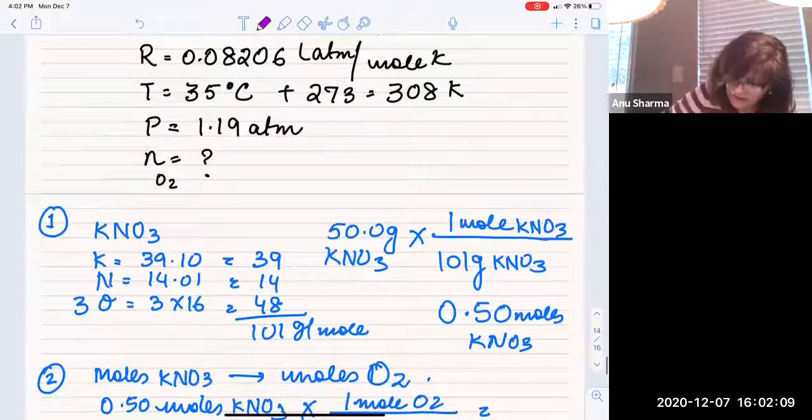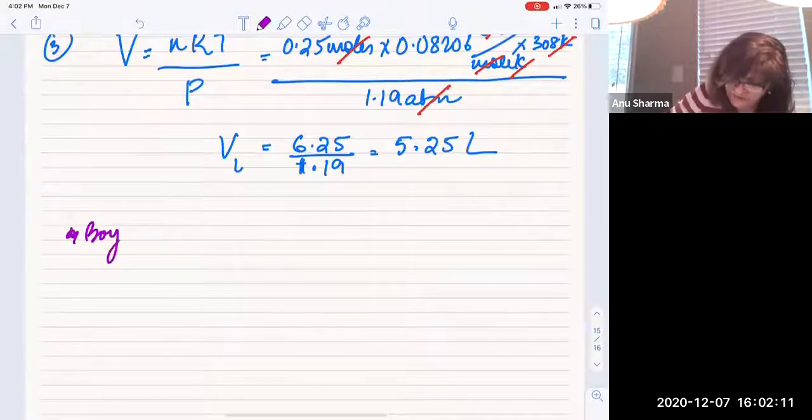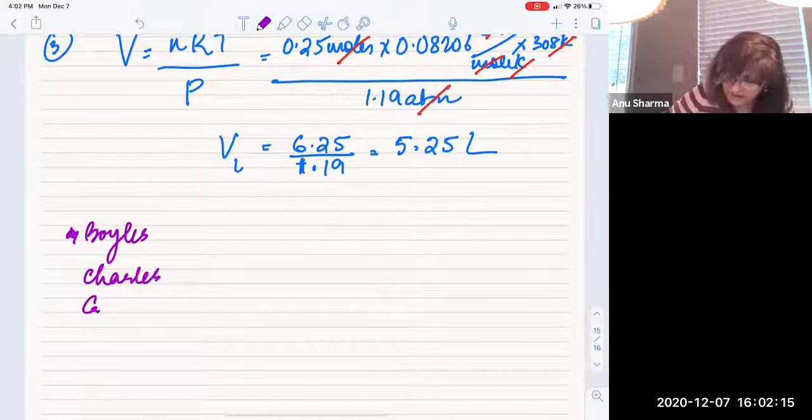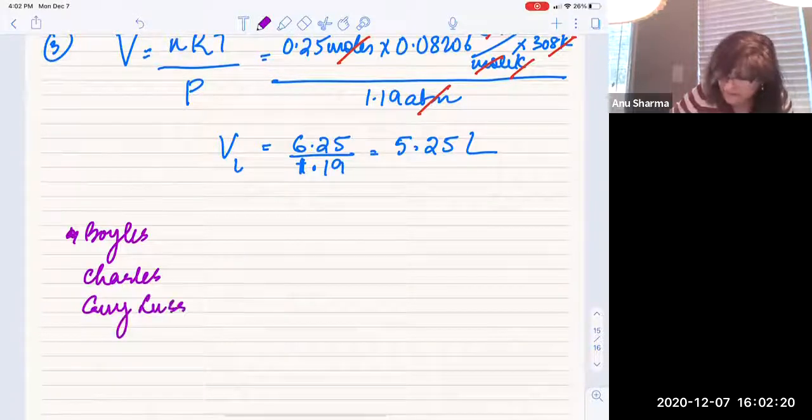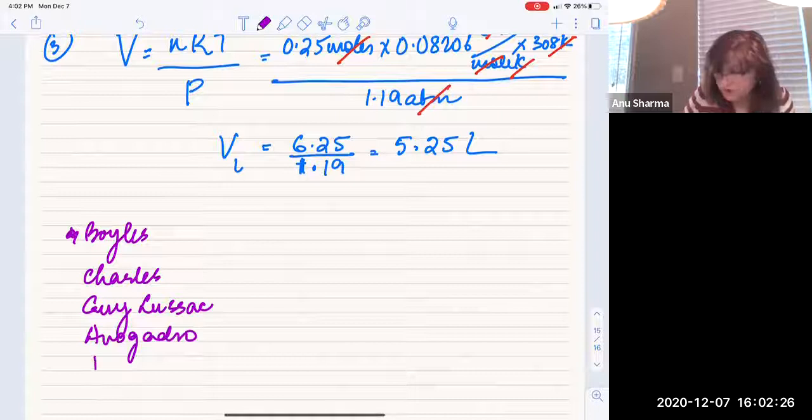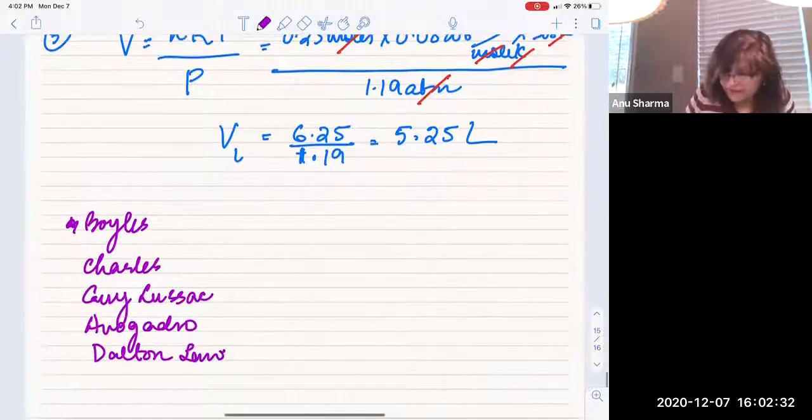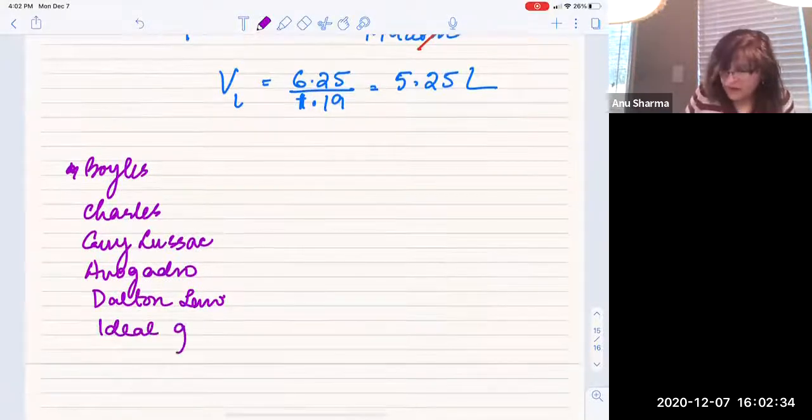Look at Boyle's, Charles', Gay-Lussac's, and then what's the other one? Avogadro, and then pay special attention to Dalton's law and to the ideal gas law, and then the STP.